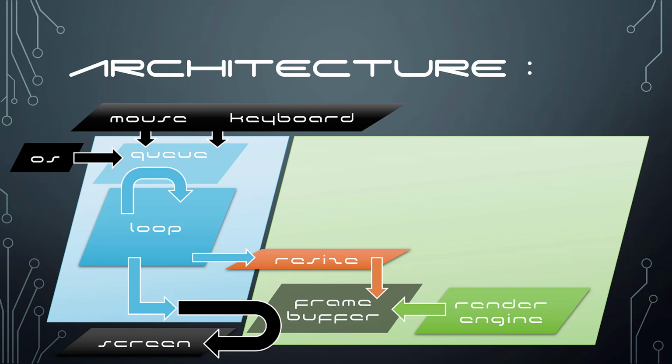Okay, so as I said, we have mouse and keyboard. Currently we're not really doing anything with it, but obviously the user needs to interact with the application. So we want the engine to have some state representing the current state of the mouse and the keyboard, or any other input, and it needs to expose a way for this state to be updated.